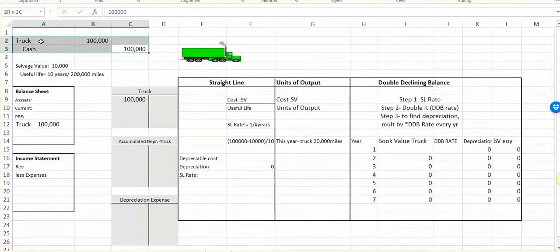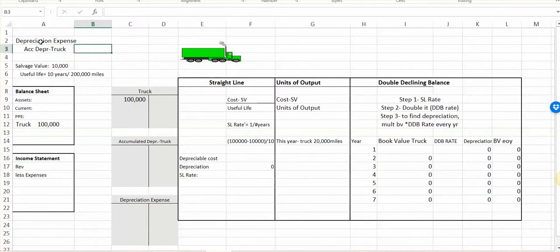Now, if you remember from the previous chapter on adjusting entries, you'll remember that the adjusting entry for depreciation is a debit to depreciation expense and a credit to accumulated depreciation, and then dash whatever asset it was that was depreciated, and that would be for a certain amount.